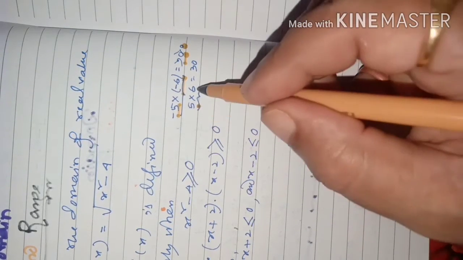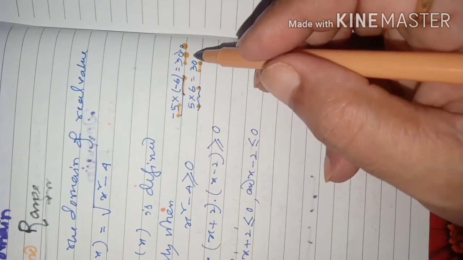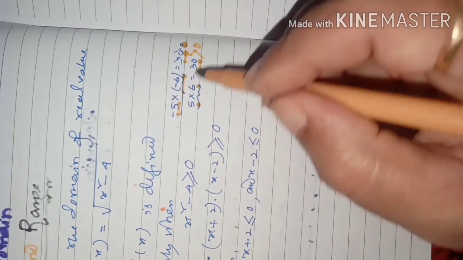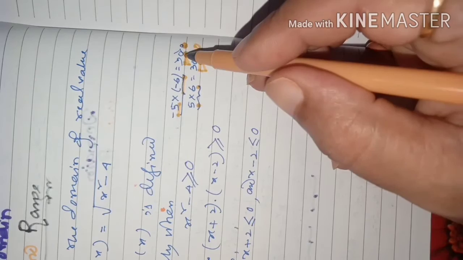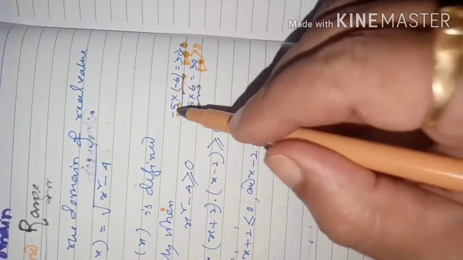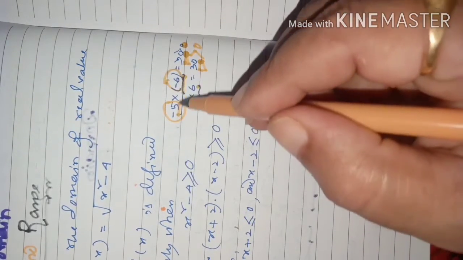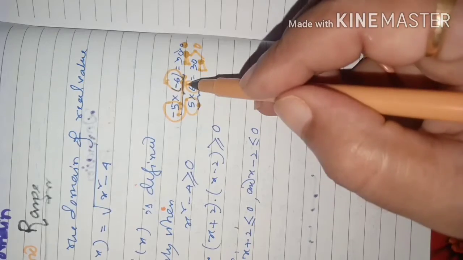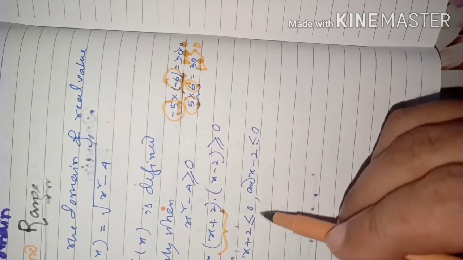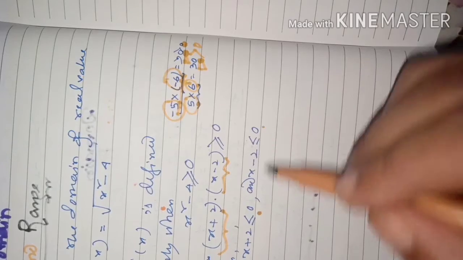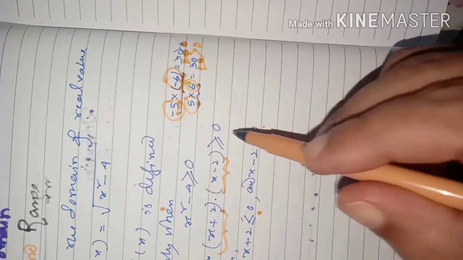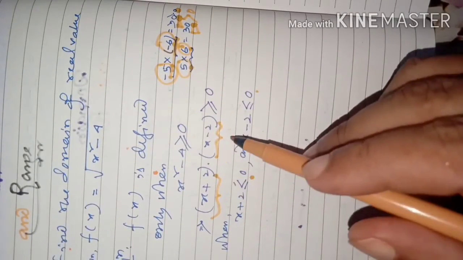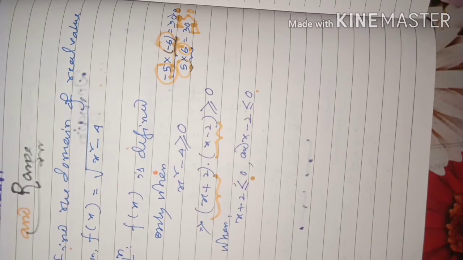Or if you multiply 5 with 6, then also 30, which is greater than 0. So a positive number, greater than 0 or 0, you can get only when both these numbers are negative or both the numbers are positive. If both these numbers are less than 0, then the product will be greater than 0. Or if both these numbers are greater than 0, then the product will be greater than 0.